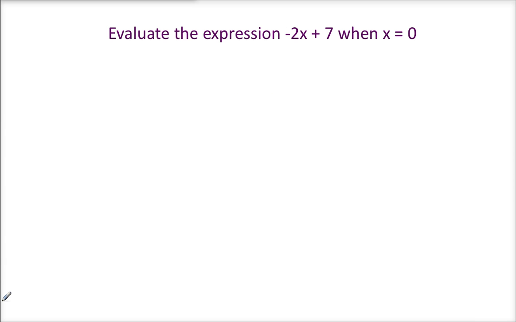Okay, last example. Evaluate the expression negative 2x plus 7 when x is equal to 0. So we have this expression here, and when x equals 0, we want to know what this will evaluate to. So anytime there's an x, we want to substitute in a 0.